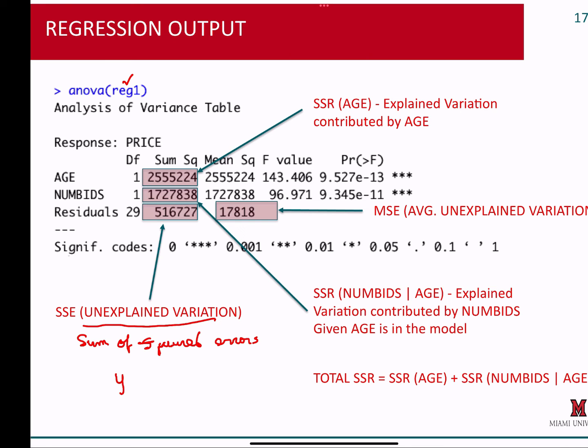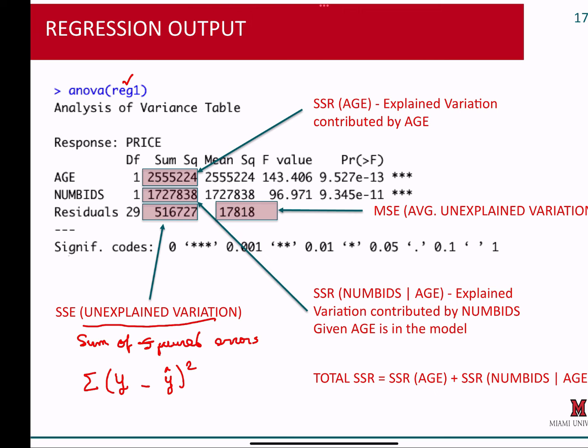An error is y, the actual value, minus the predicted. If we square these errors and sum them, that's the SSE value. We want that value to be as low as possible.